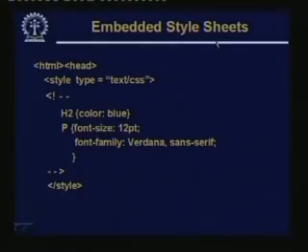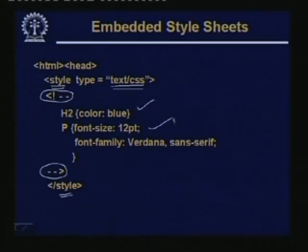The embedded style sheets are also possible. Embedded style sheet means you have a begin style, end style tag. So, you give some name or some type to this style. This is a text cascaded style sheet type, and this is a special marker. This is the beginning and this is the ending, and within this you can define all the styles you want to define.